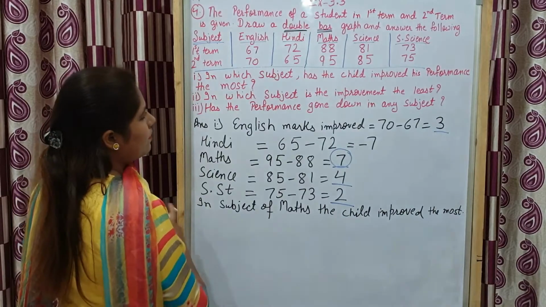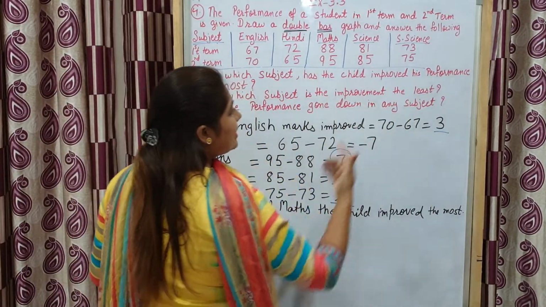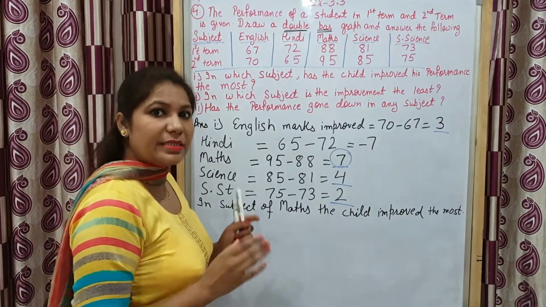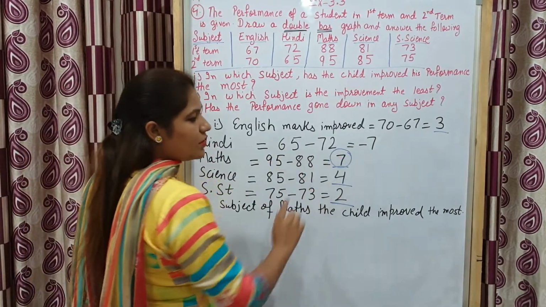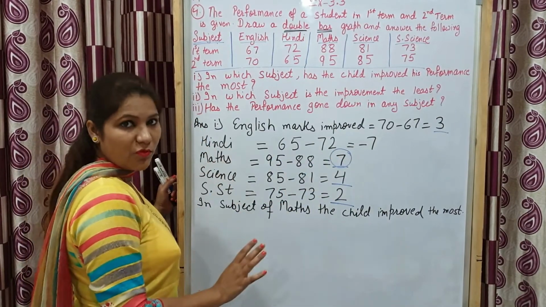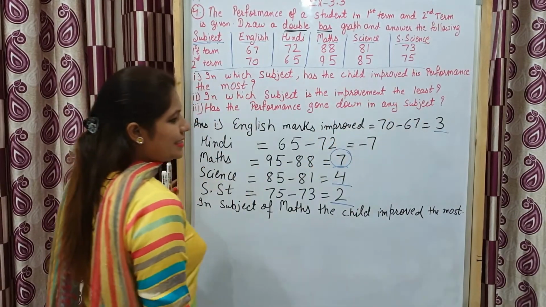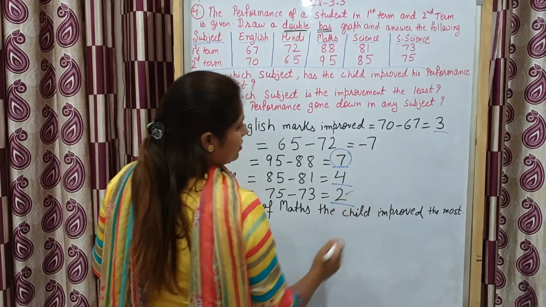Now see the second part. In which subject is the improvement the least? See students, they are saying improvement is there, but that improvement is least. So we will not take the case of Hindi because there is no improvement. See which one is the smallest number, that is 2.